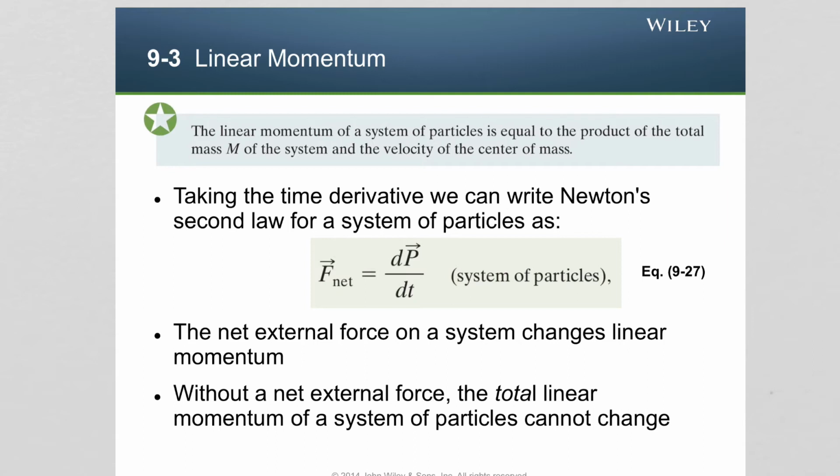So from this expression, it follows that the net external force on a system changes the linear momentum of the system, and also that without a net external force, the total linear momentum of a system of particles cannot change.